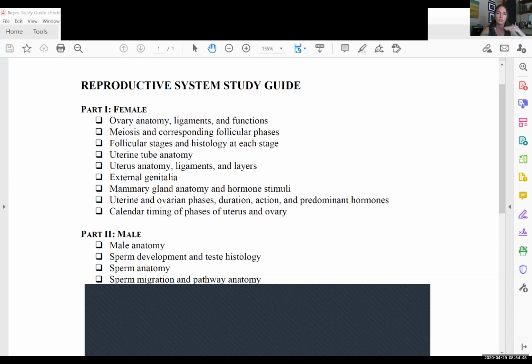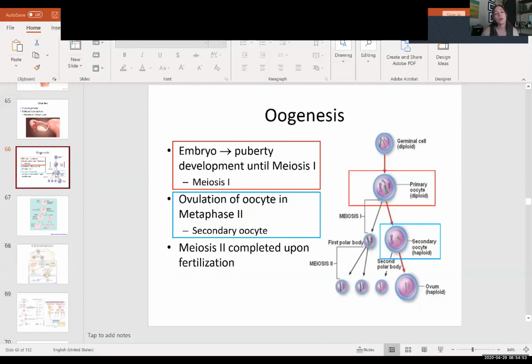Meiosis goes through 2 levels. Let me switch over here to this. Meiosis 1 is only from the embryo to puberty. So literally, when you were in your mom's belly, if you're a female, all the way into puberty, these eggs, on the right, I have it in red here, just stopped.